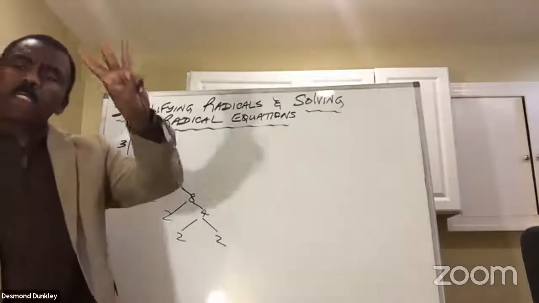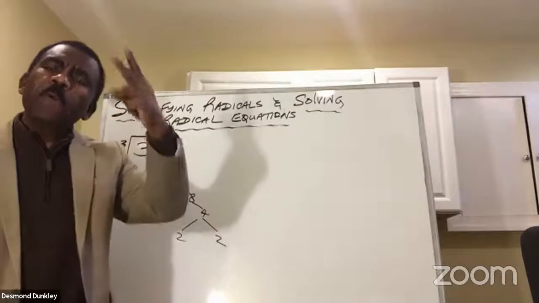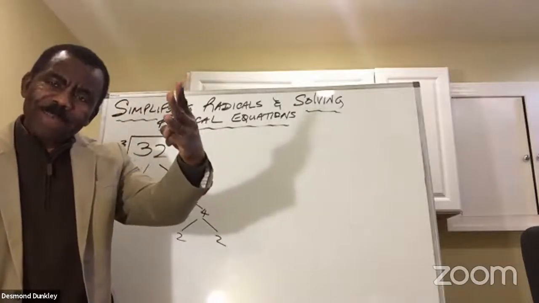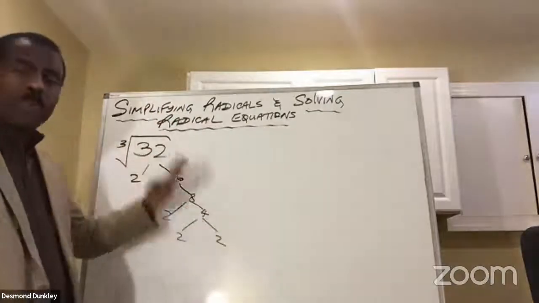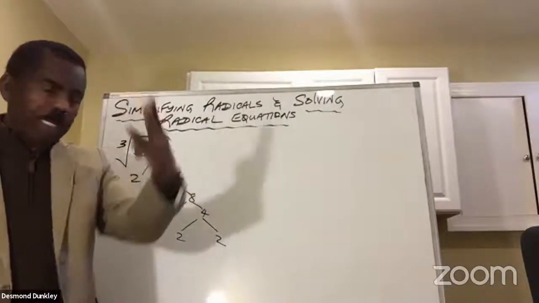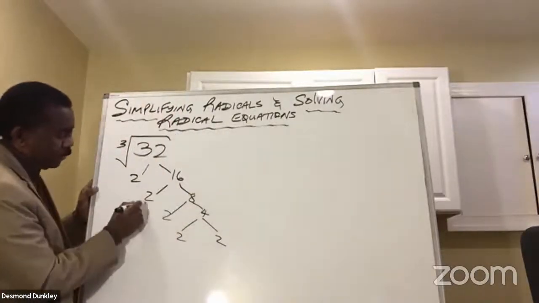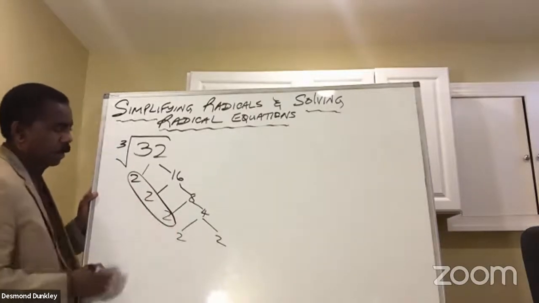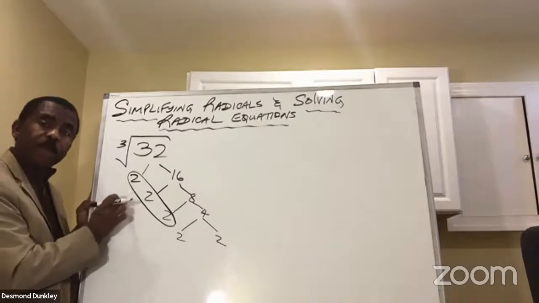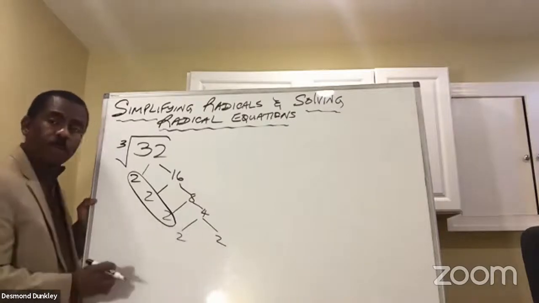Cube root needs not groups of 2, but groups of 3, because it's cube root. What cubed will give you 32? Looking for groups of 3. So we go 1, 2, 3. So we have 1 triple, and we have these left over.